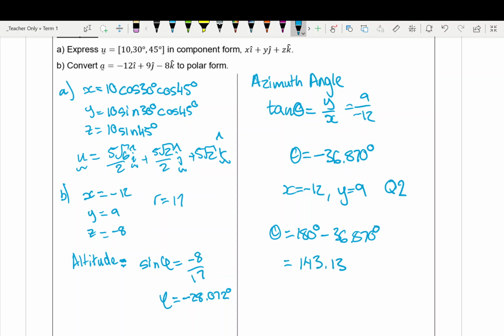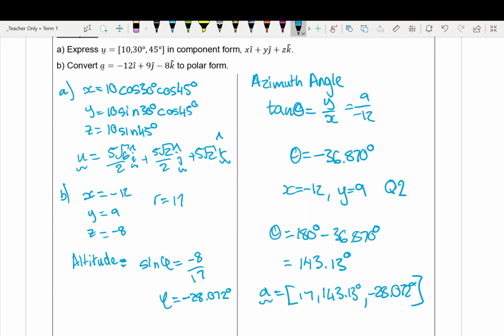So it needs to be between 90 and 180 degrees. So that gives us a final value of a equals square bracket 17, 143.13 degrees, and then -28.072 degrees.